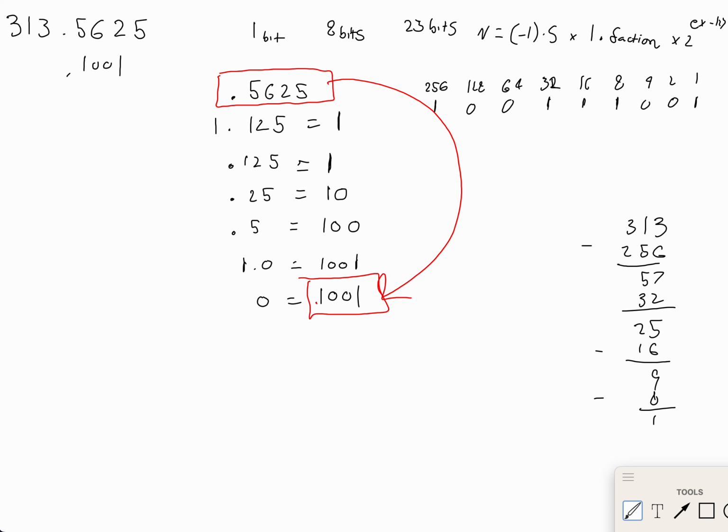So we've converted our number. I can check my work by summing these values. If I sum 256 with 32, with 16, with 8, with 1, that results in a value of 313. Okay.